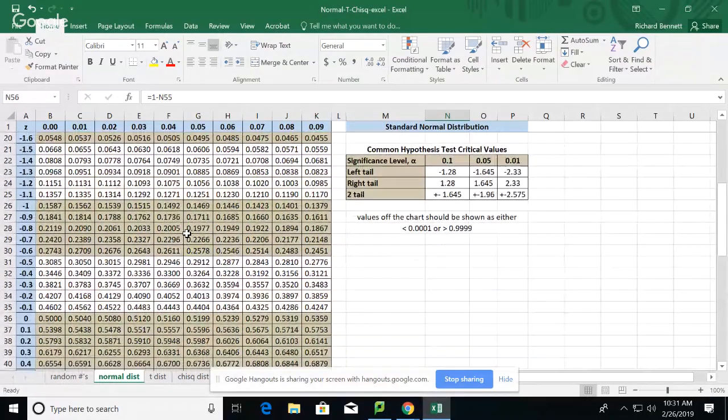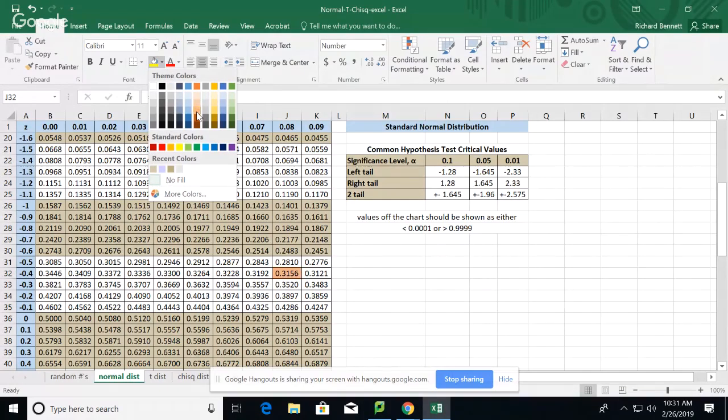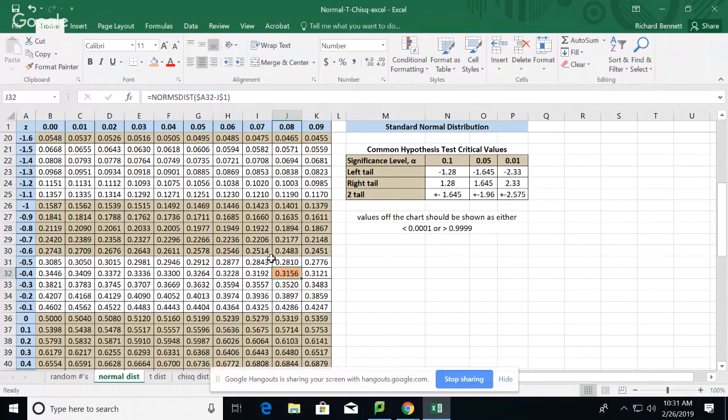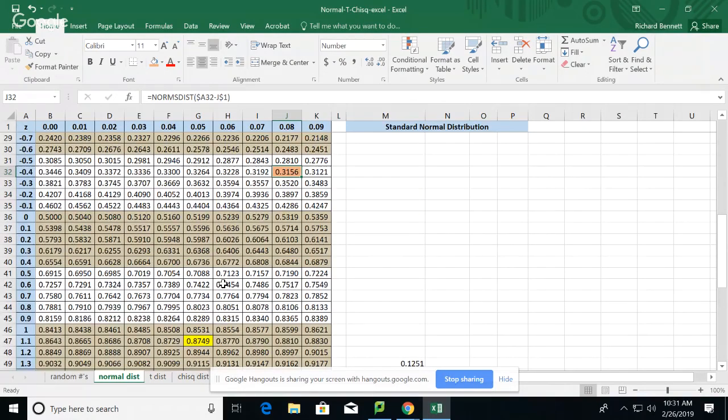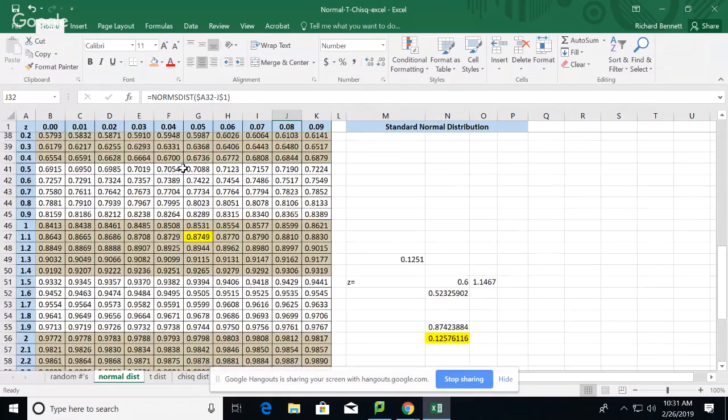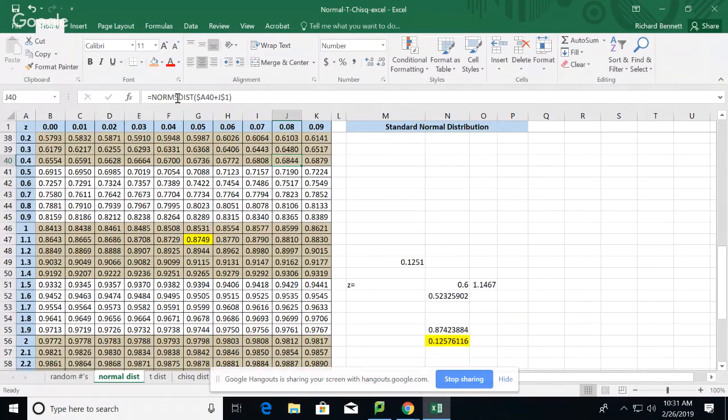I'm going to find negative 0.48, right? Negative 0.48 is that number right there. We'll pick orange or something, okay? So that's 0.3156. And positive 0.48 is going to be that number right there, 0.6844.